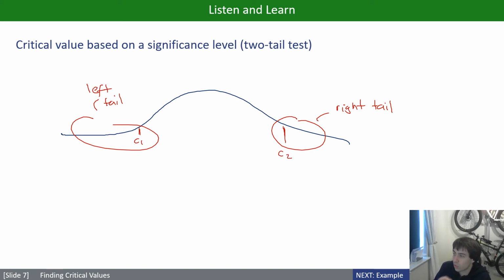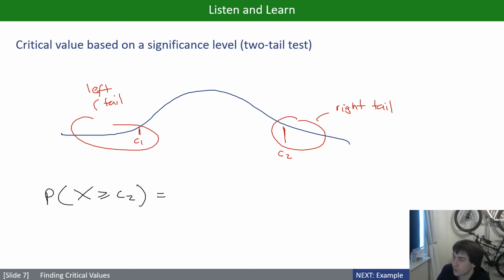Now, before, in one tail, we picked one of them and then worked entirely with that. With a two-tail test, you effectively have two critical values and two critical regions, and you use both of them. What you basically do is say the probability of x being greater than or equal to your C2 is now, instead of equal to the significance level, equal to the significance level divided by 2.